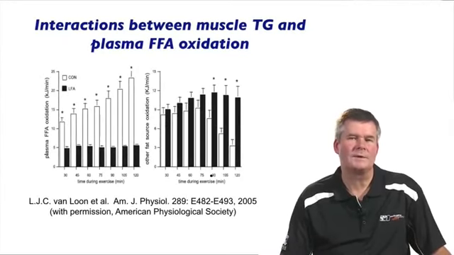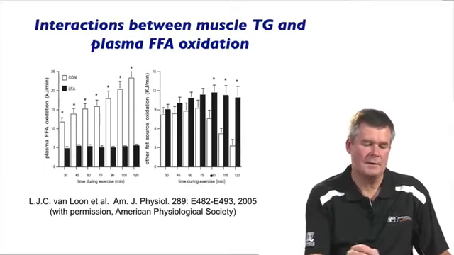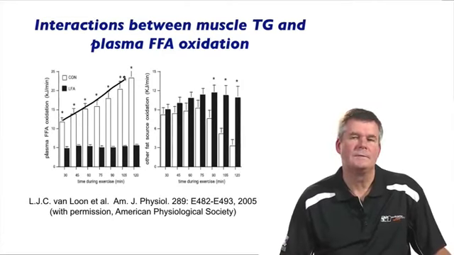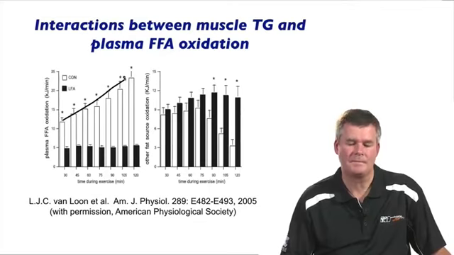This is a somewhat complex slide, but it demonstrates the interactions between the oxidation of fats from the blood and fatty acids derived from the muscle. In a normal situation, over time, as I showed you in the previous slide, you can see a progressive increase in fat oxidation of fatty acids derived from the plasma.